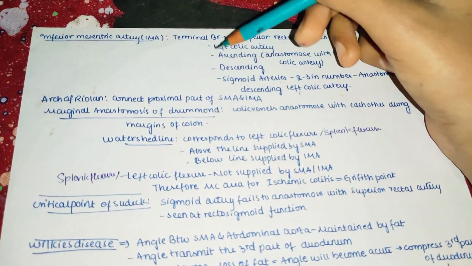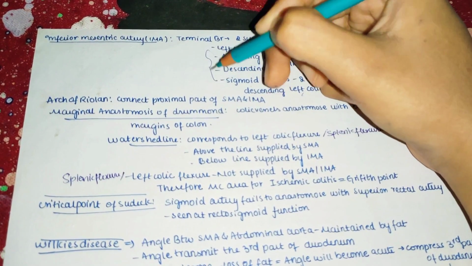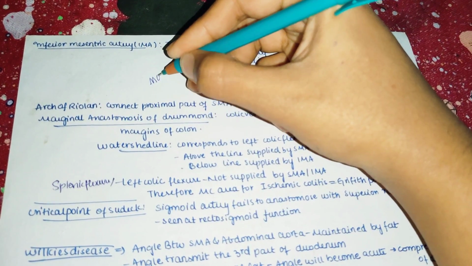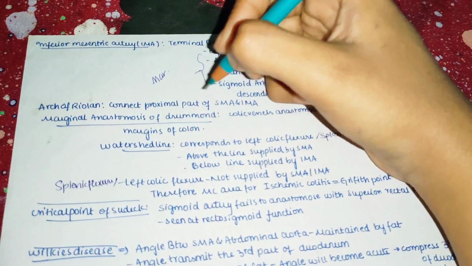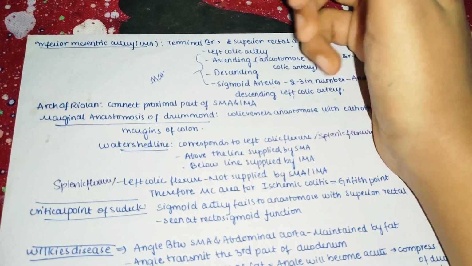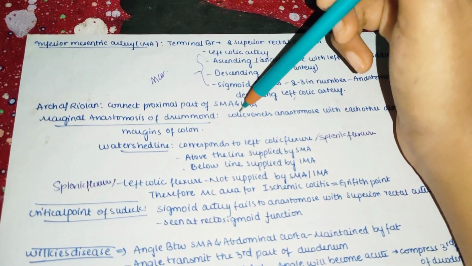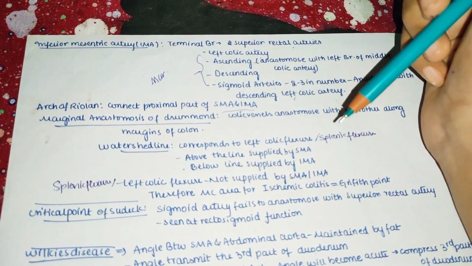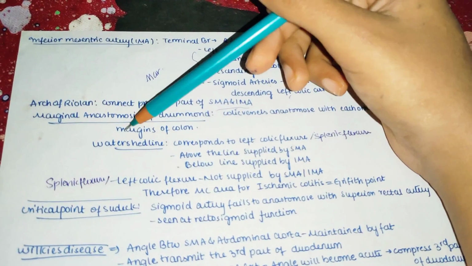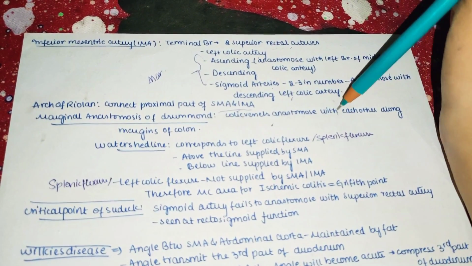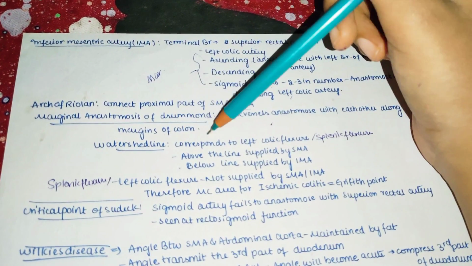Okay, actually they all anastomose with each other and finally form a marginal anastomosis. You can see here the marginal anastomosis of Drummond. The arch of Riolan connects the proximal parts of the superior and inferior mesenteric arteries. The marginal anastomosis of Drummond is formed by colic vessels which anastomose with each other along the margin of the colon.